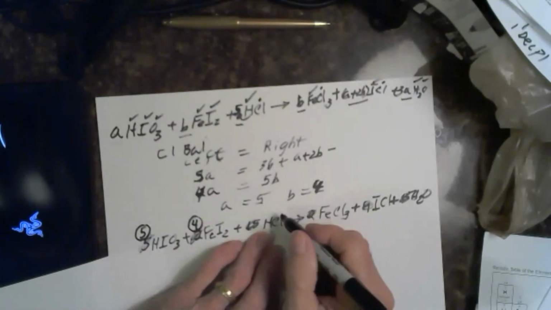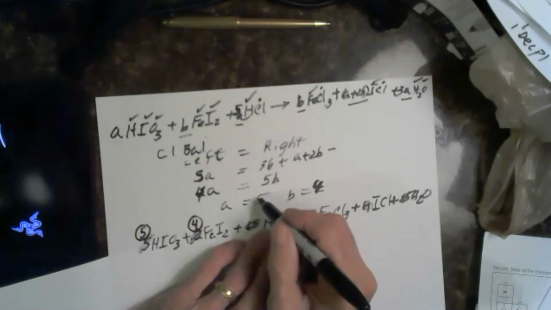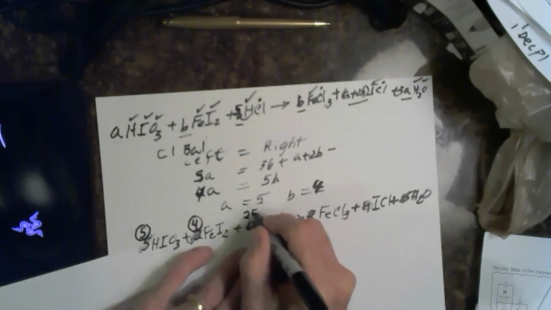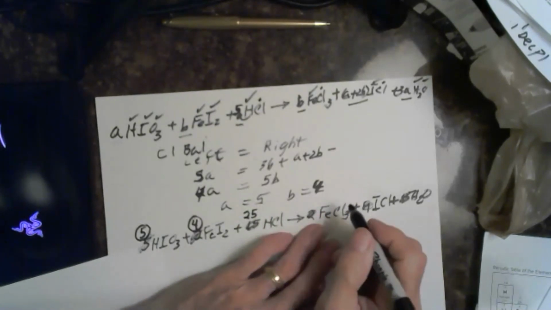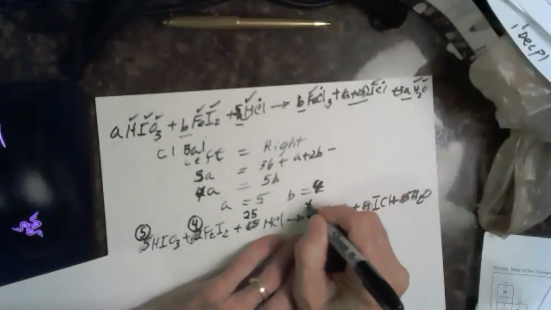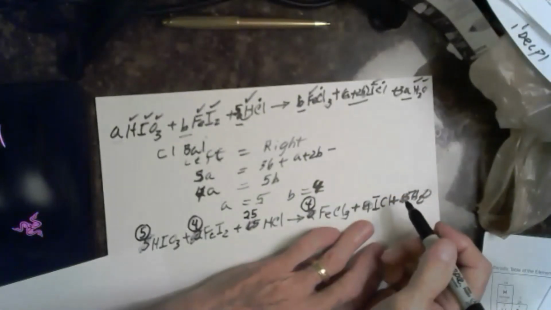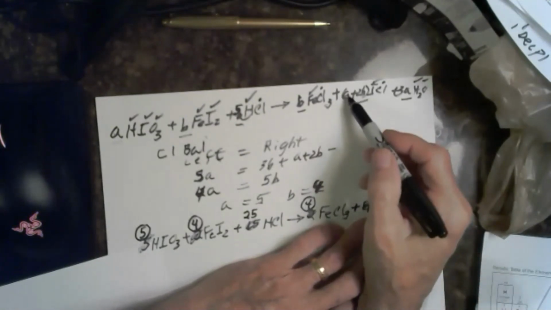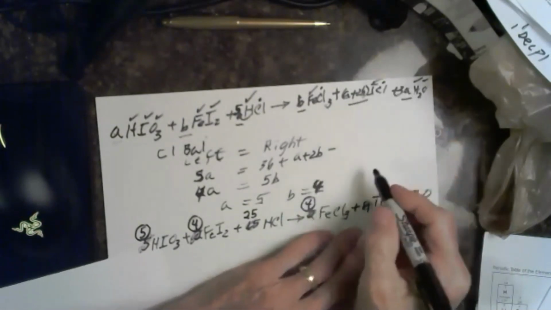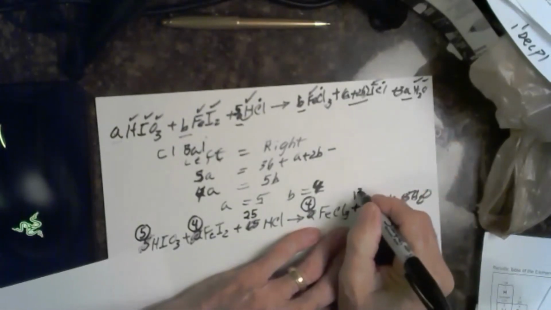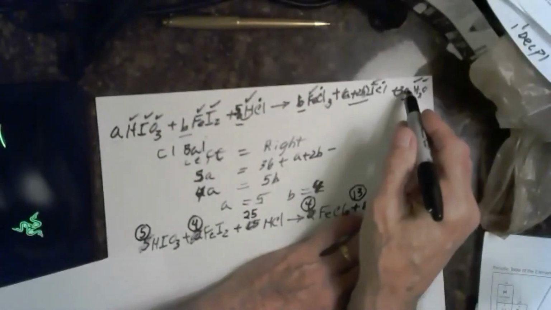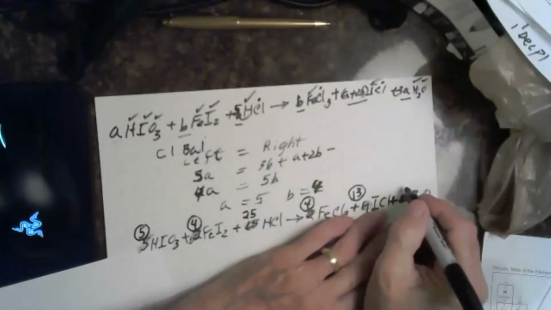And 5 HCl's, so 5A would be a 25. And iron is B, which is 4. And now I've got A, which is 5, and 2B, 8. 5 and 8 is 13. And 3 times 5 is 15.